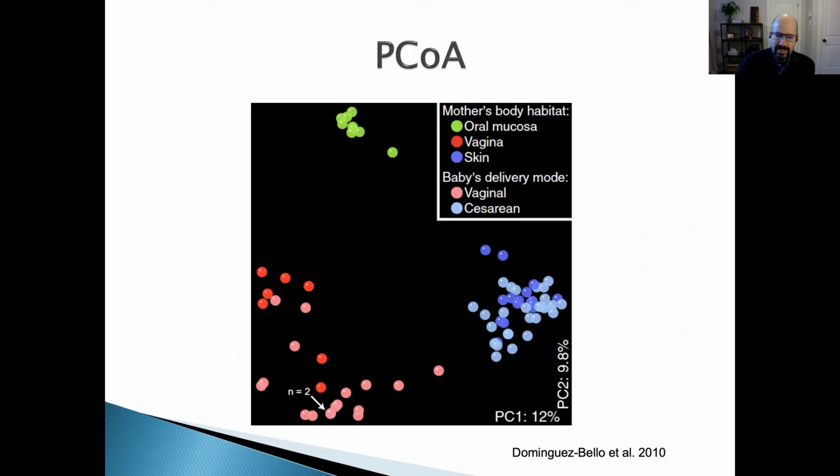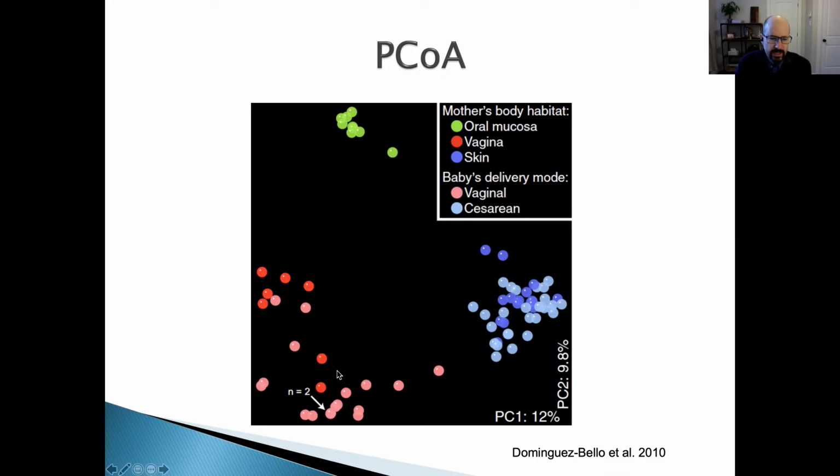In this example here, it's a classic study. They compare the oral microbiota of mothers giving birth. And then, so you can see a clustering of their oral microbiota here in green. And then they also analyzed the microbiota of their babies after they were born, comparing to the vaginal and skin microbiota.